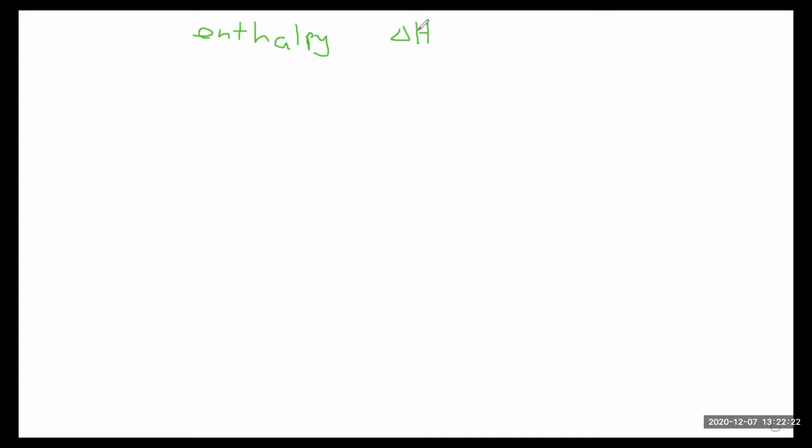I think it means that it's endothermic. That is right, Cheyenne. So if it's positive, positive means you're putting something into it. If it's negative, that means that something is being released from it. It's being let go. Okay, got it. So if it's negative, it's exothermic. If it's positive, it's endothermic. That is correct.